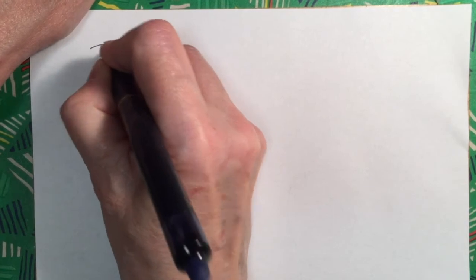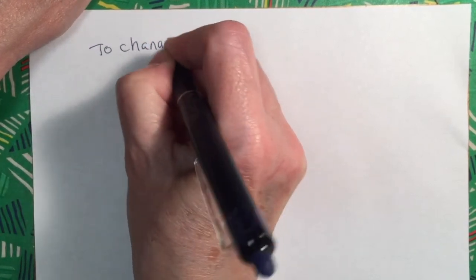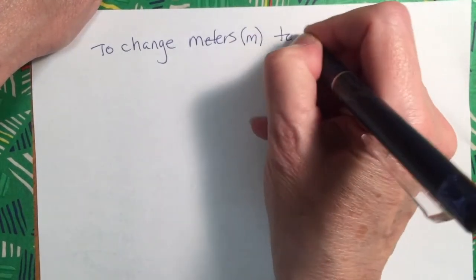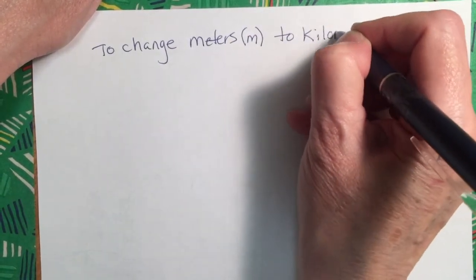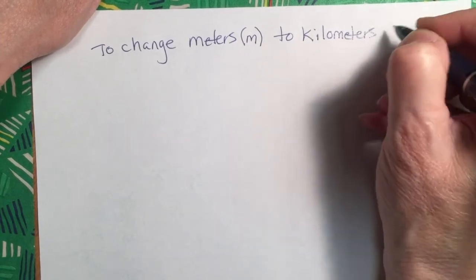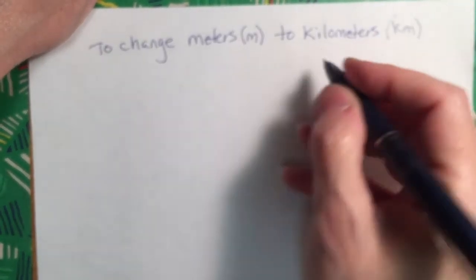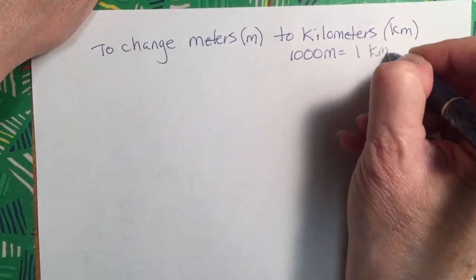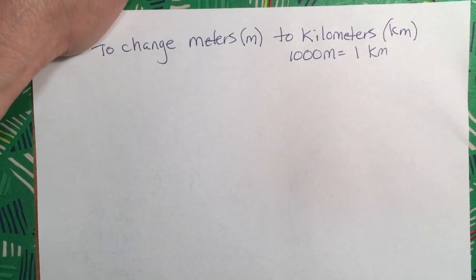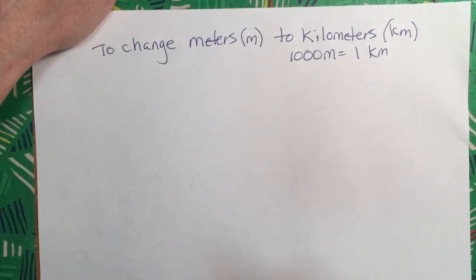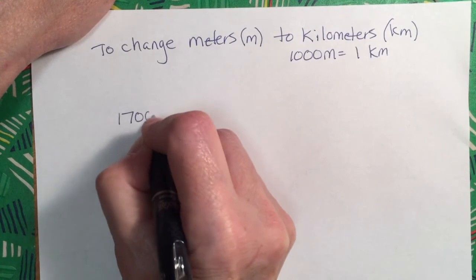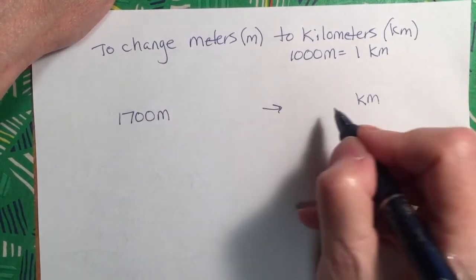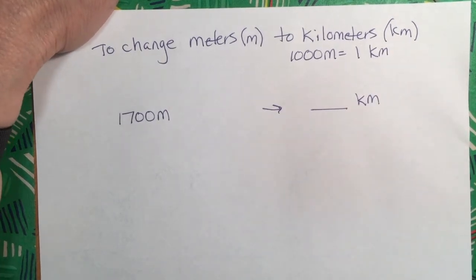Okay, so to change meters, which are written as M, to kilometers, written km, there's 1,000 meters equals 1 kilometer. That's what kilo means. It means 1,000. So let's say we have a distance of 1,700 meters, and we want to change that to something in kilometers. We don't know how many kilometers.